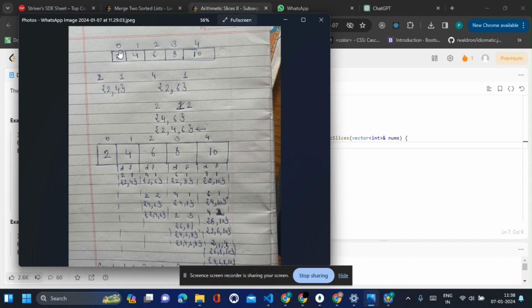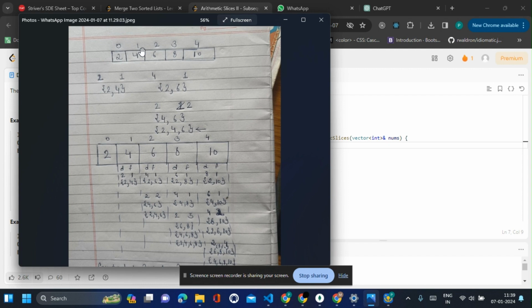Now we have to count the subsequences ending at i which satisfy the condition of common difference. But i equals 0 and j equals 0 will not satisfy the condition, so we'll move i ahead and again start with j equals 0.